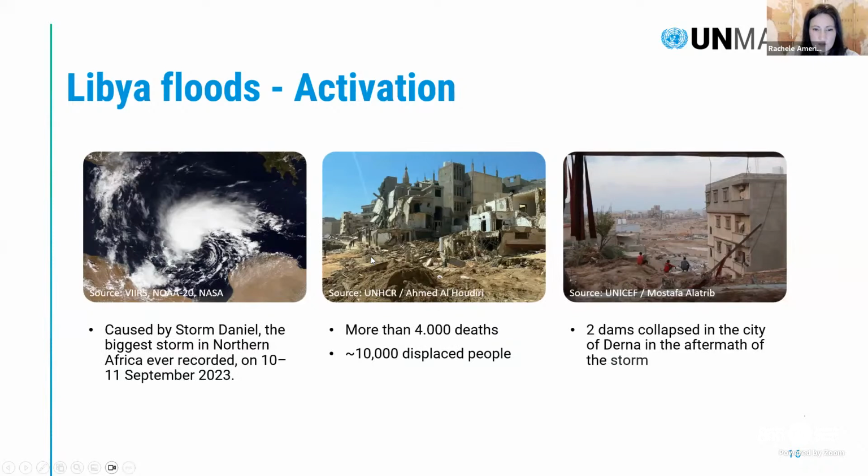During the storm Daniel, 2 dams collapsed, and there was very big flooding, which killed 4,000 people and displaced more than 10,000 people from their homes.